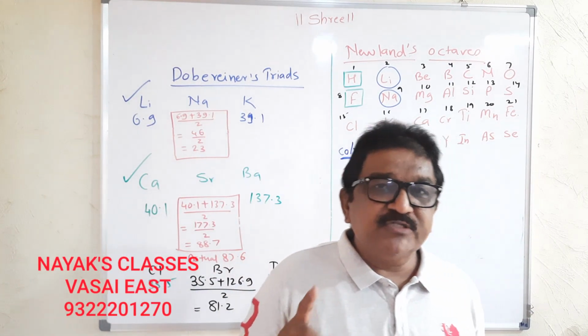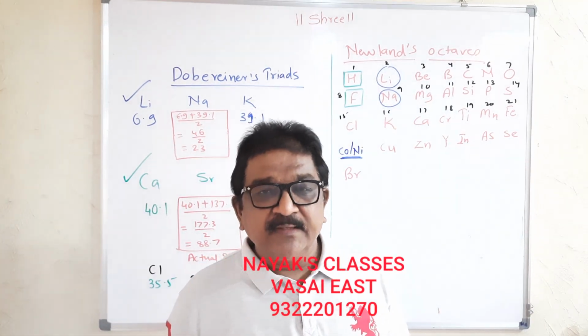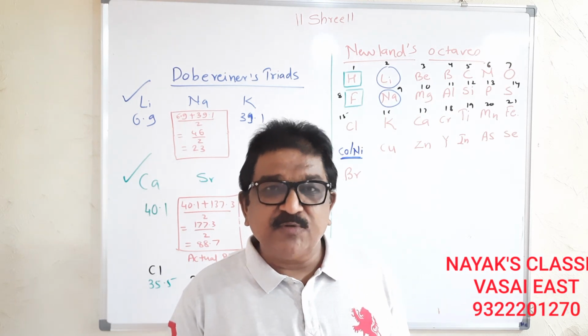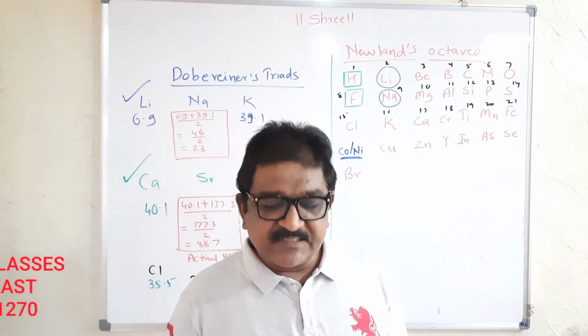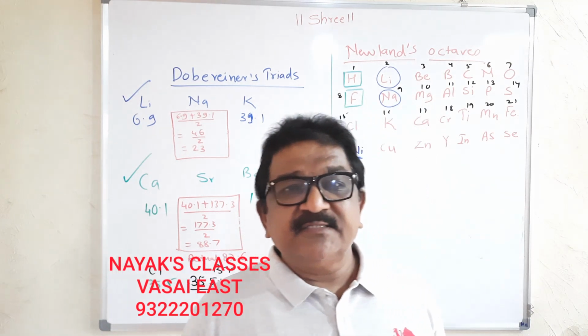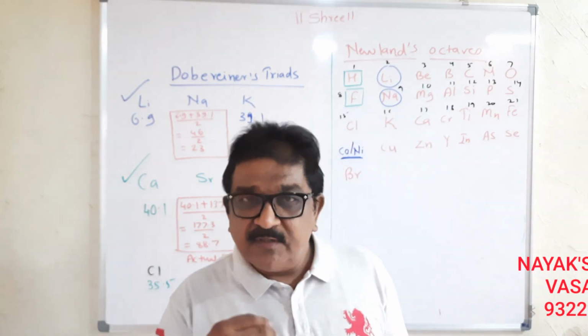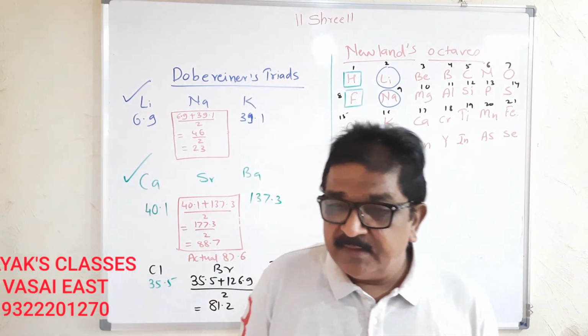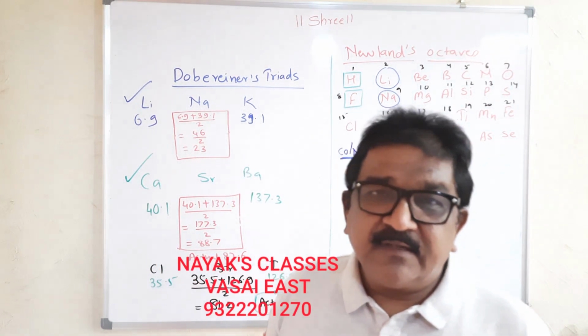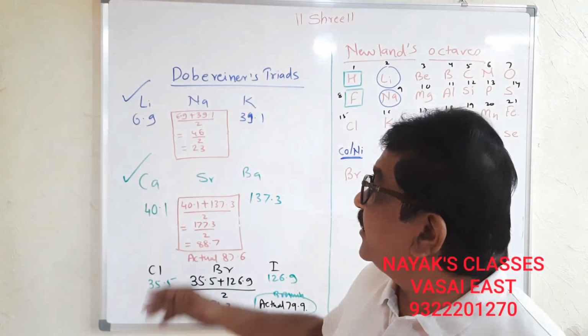So they were using atomic masses. Atomic mass, the mass of one atom, is called atomic mass. Based on atomic mass, they tried to classify the elements. The first attempt was made by Dobereiner.